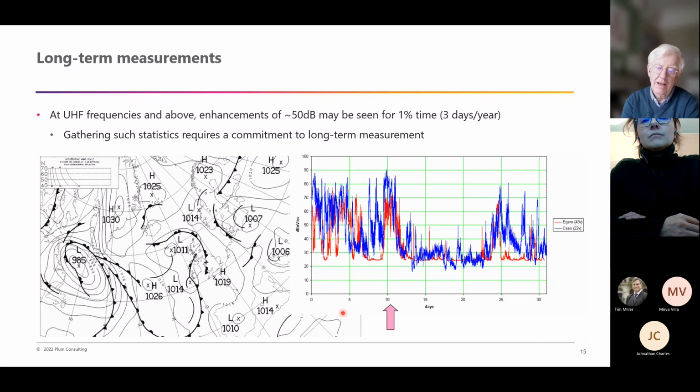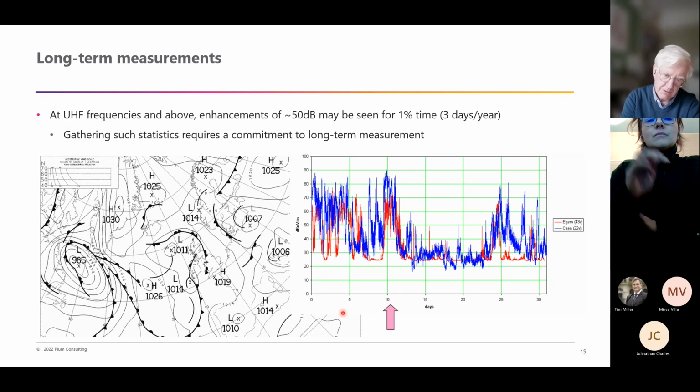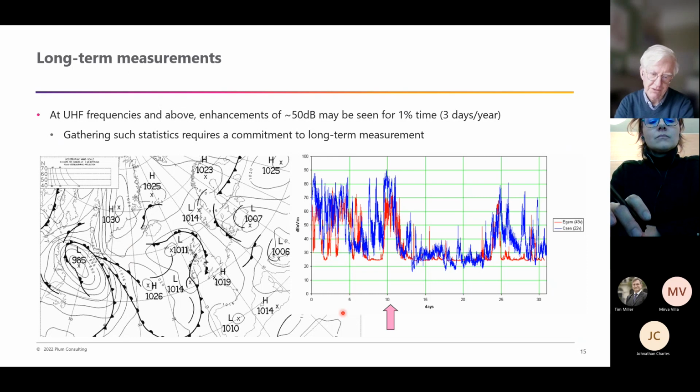Yeah, this is something, again, I've only really got anecdotal information to work on, because a lot of these measurements of variability of signals were made 30, 40, 50 years ago, when people were starting to use these frequencies for the first time over wide areas. And there hasn't been much done recently, and certainly no reliable tracking over time.